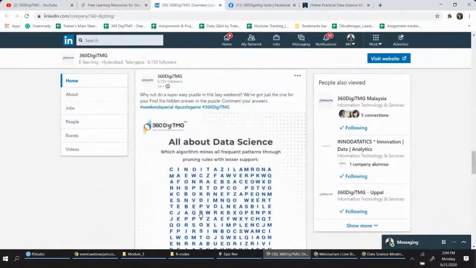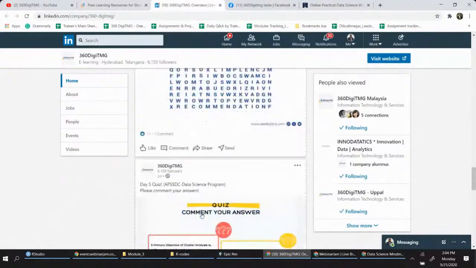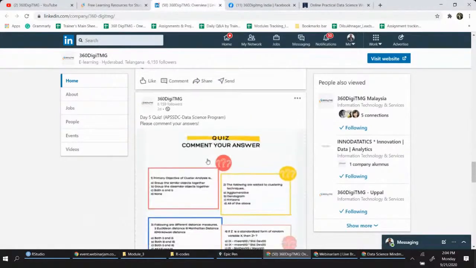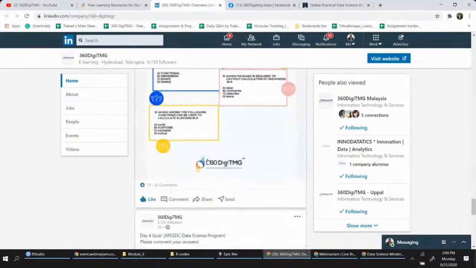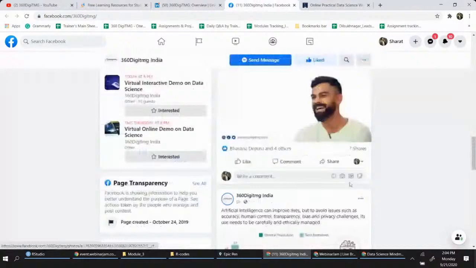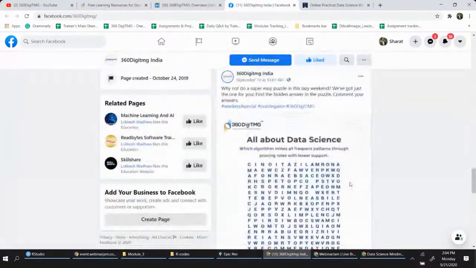Yeah, how many of you have taken this puzzle? Not many. Quiz 10. What happened, friends?